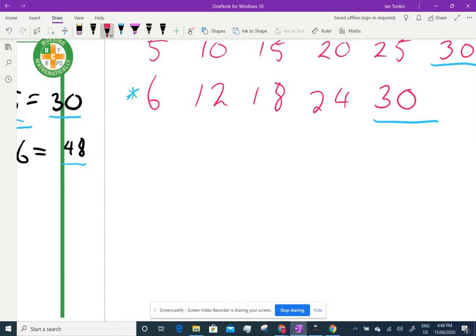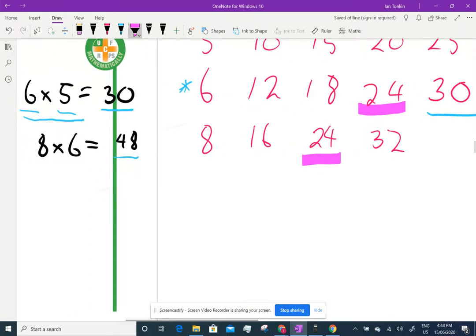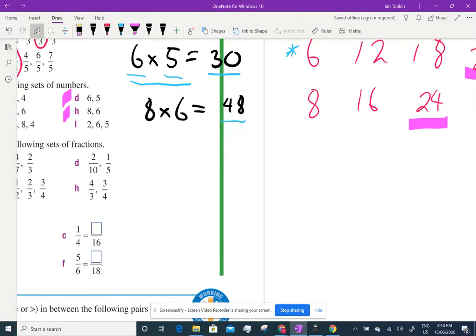So let's do the 8 times table. 8, 16, 24, hold on. Look, there's a common multiple. 6 times 4 is 24, and 8 times 3 is 24. So the lowest common multiple here, we actually get earlier, and it's 24.